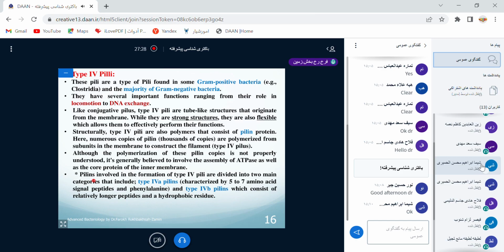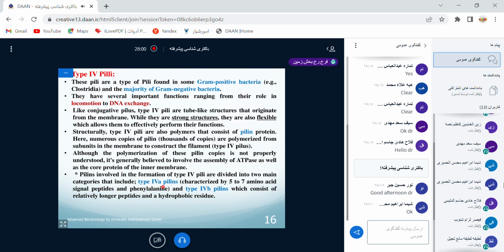Pilin subunits involved in the formation of type 4 pili are divided into two main categories: type 4A pilins and type 4B pilins. So two types of pilins come together for type 4 pilus formation.